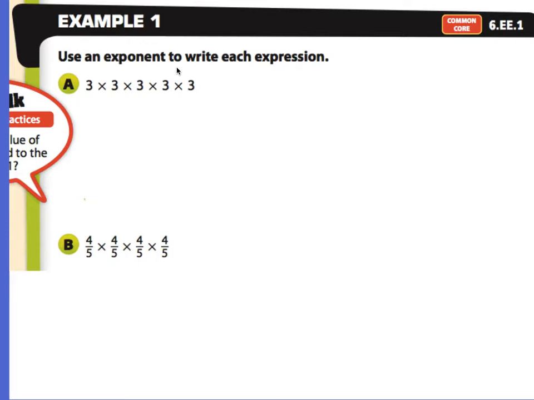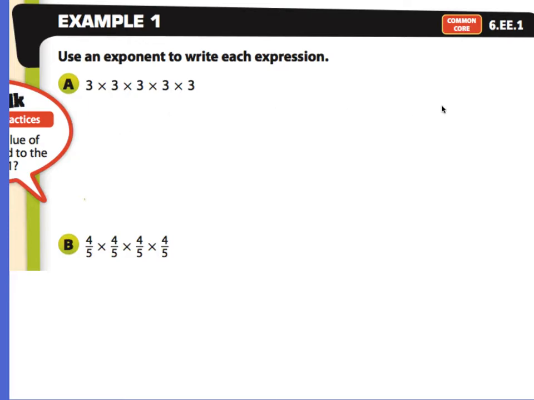So I have a little helper here and she's going to help me count. So that's 1, 2, 3, 4, 5. So I have 5 threes. That tells me that I'm multiplying the number 3 5 times. So 3 is going to be my base because that's the number being multiplied.